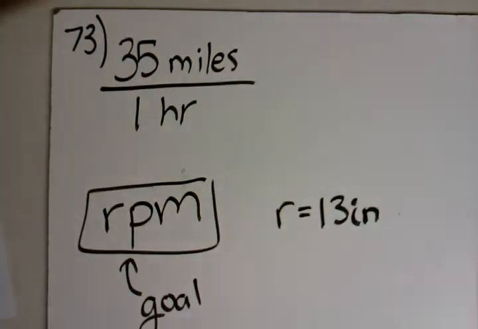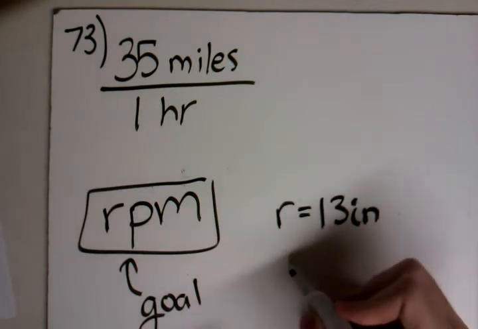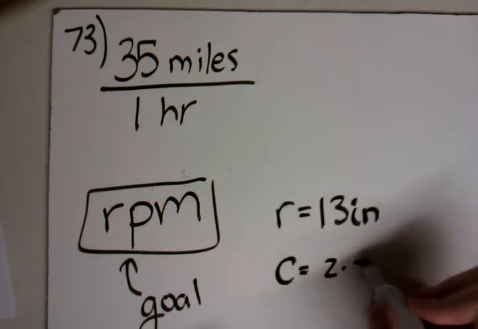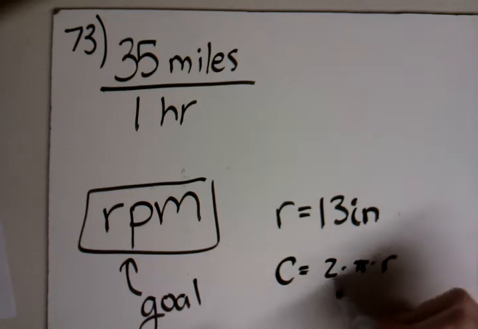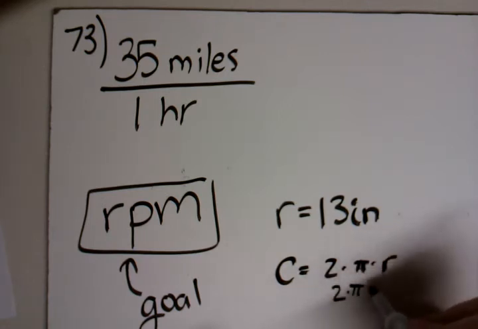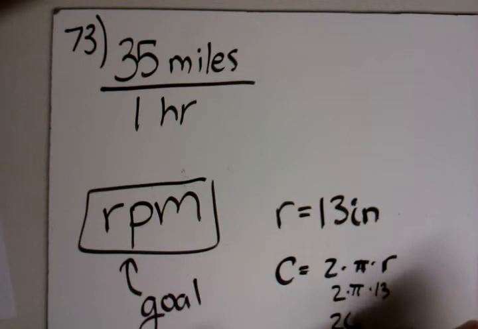So over here real quickly, I'm going to figure out what the circumference is: 2 times pi times the radius. The radius in this case is 13 inches. So my circumference would be 26 pi inches.